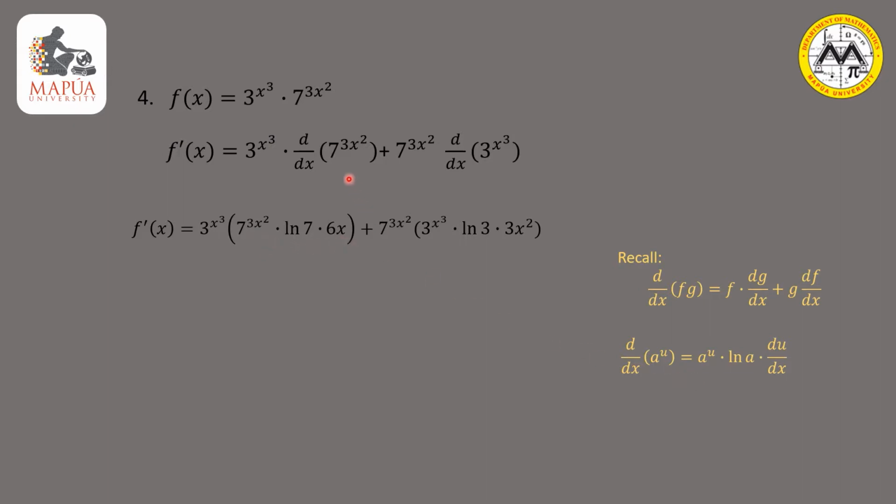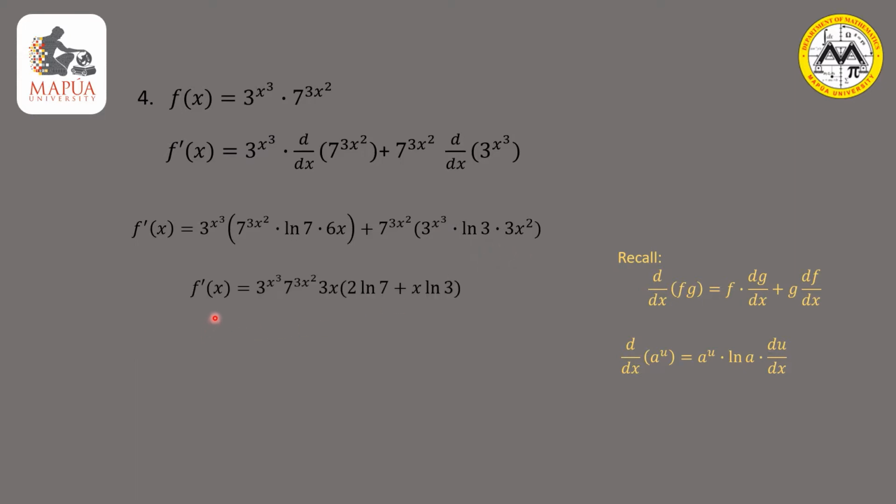Applying this rule, differentiating 7 to the 3x squared. The second term would be the product of 7 to the 3x squared times the derivative of 3 to the x cubed, which is given by 3 to the x cubed times ln of 3 times 3x squared.